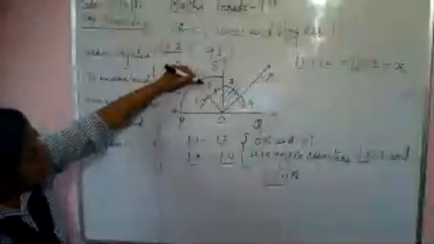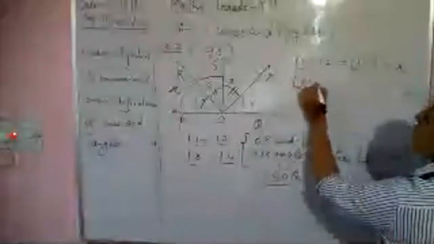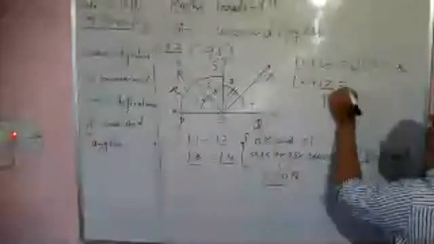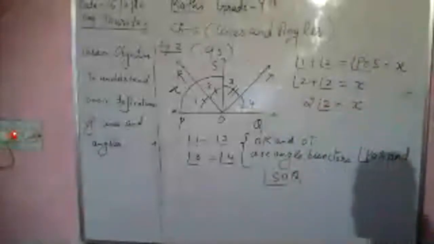So we can write angle 1 plus angle 2, because angle 1 and angle 2 are equal. So you can write angle 2 plus angle 2 is equal to X, and twice of angle 2 is equal to X. Clear up till here?